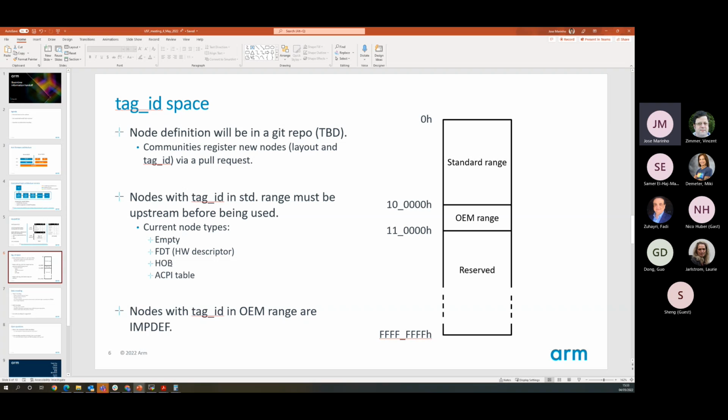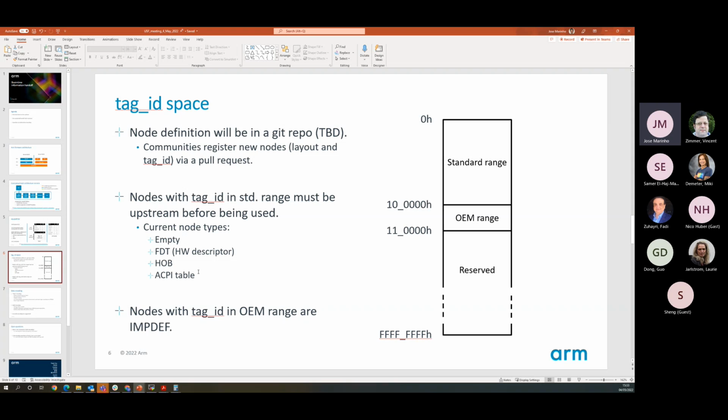We have legacy support for the HOBs, just because when the normal world is EDK2, ARM partners want to be able to pass a HOB list from EL3 over to EDK2 in the normal world. And the last node that we've defined so far is the ACPI table. The main use case we have for it is to carry over the TPM log, either by using a TCPA or TPM2 table.